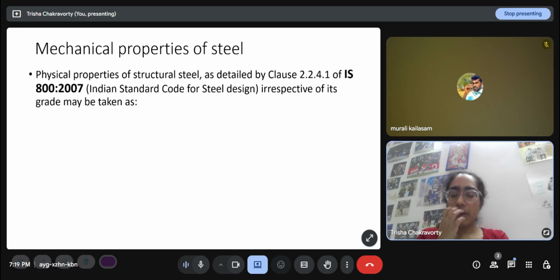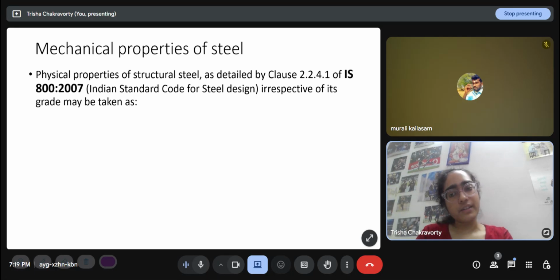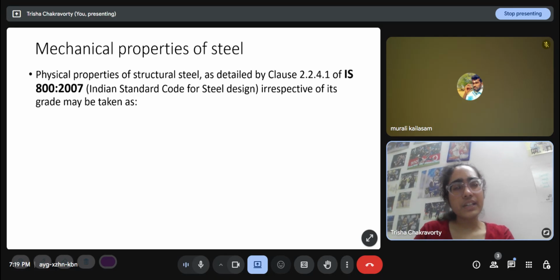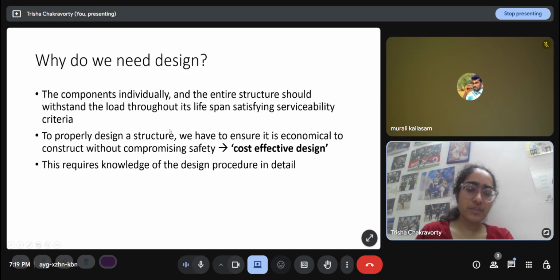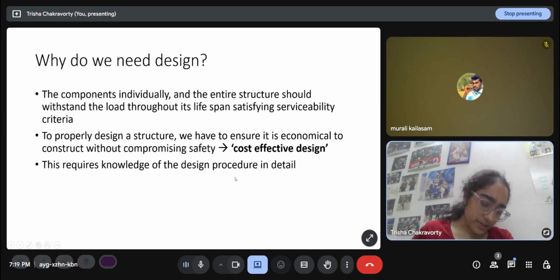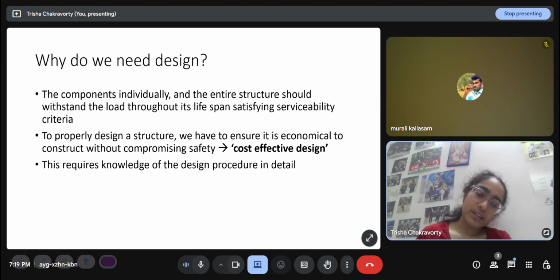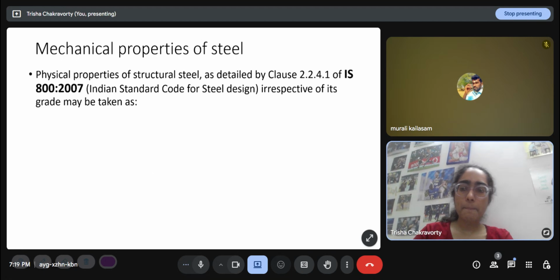But the problem comes when it is a specific structure, like when it is a unique structure, a novel structure, then we need to know the design procedure and all the avenues open to us, so that is where the expertise of an engineer comes in. If you have more knowledge, you can tackle a wide range of problems rather than the routine problems.